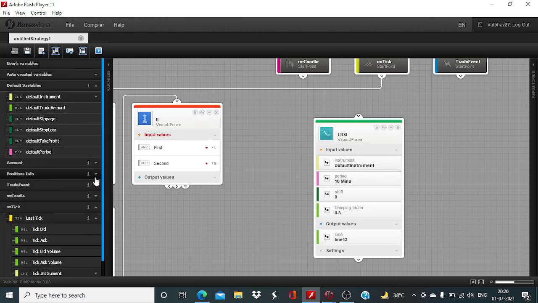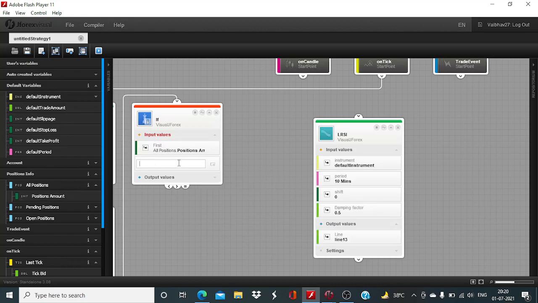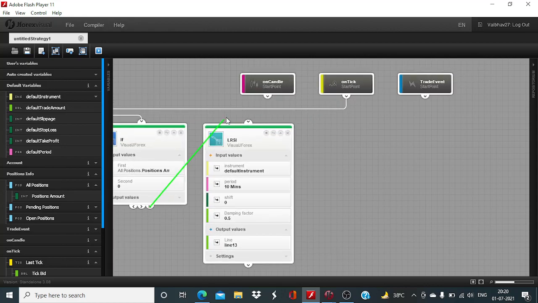And position info, all position amount is being kept at 0, so as to make sure there is no open or pending order on the account before a new order gets placed.